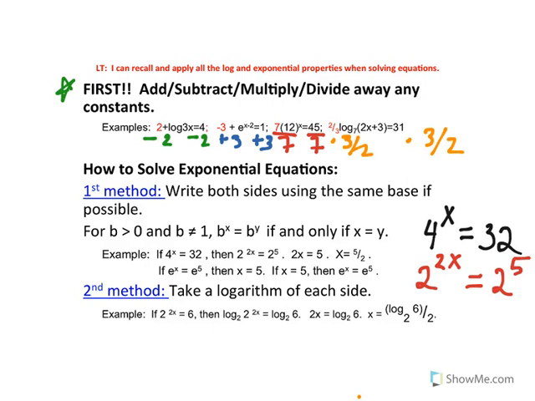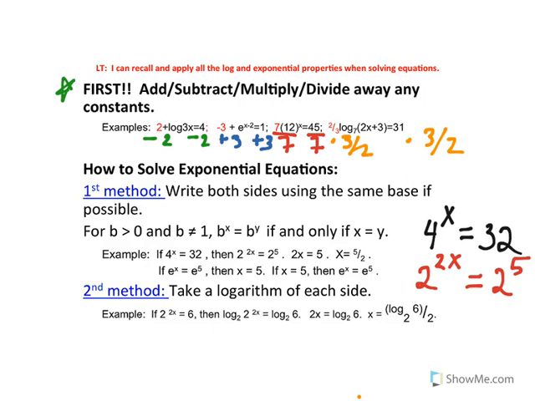And so again, my goal, my intention is to isolate the variable, but the variable is floating up in the air as an exponent. The only way that I can get to it is if I take a couple different approaches to isolate it. One such approach is this first method of getting both sides to have the same base, because that leads us to our property that we learned.